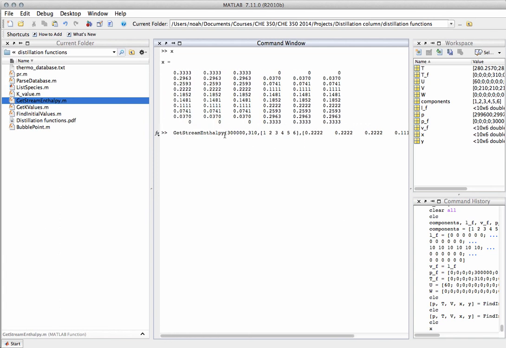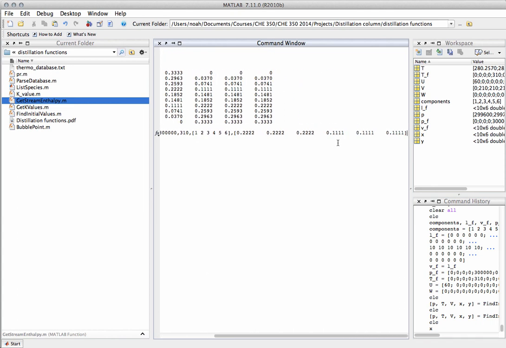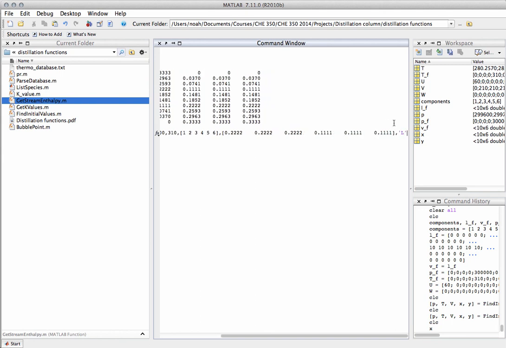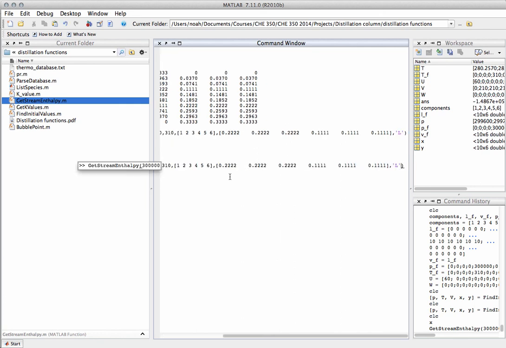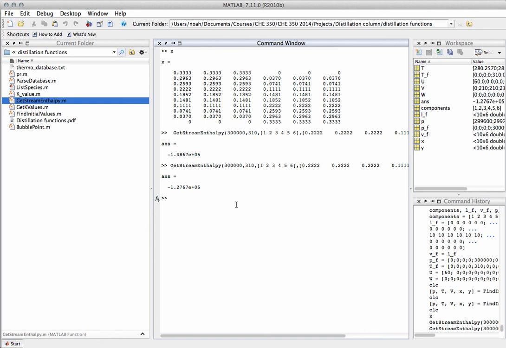For get stream enthalpy, we're going to need a phase. All right, so the last thing that goes in is a phase. Let's do liquid. Here we turn, we get an enthalpy. All right. We could also do it if we were talking about a vapor stream. Now that's the enthalpy for the vapor stream.